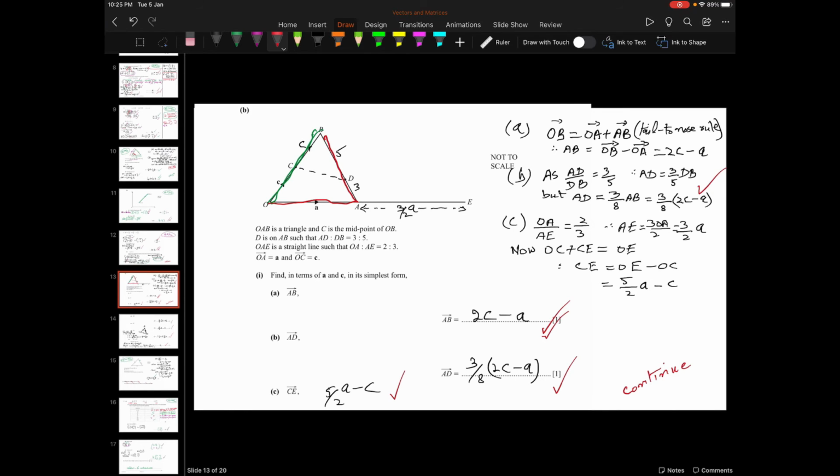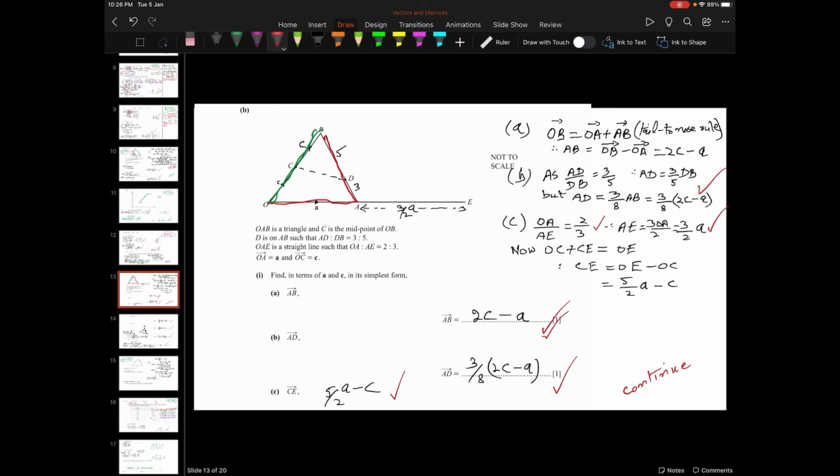Now in part C, we should find the value of vector CE. OA upon AE is equal to 2 upon 3. Therefore, AE is equal to 3 upon 2 OA. But OA is equal to vector A. So AE is equal to 3 upon 2A.